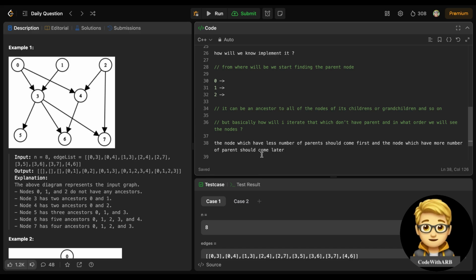If I start from the nodes which have more parents, suppose I have started from 5, I have started from 5. So it is a directed graph now.